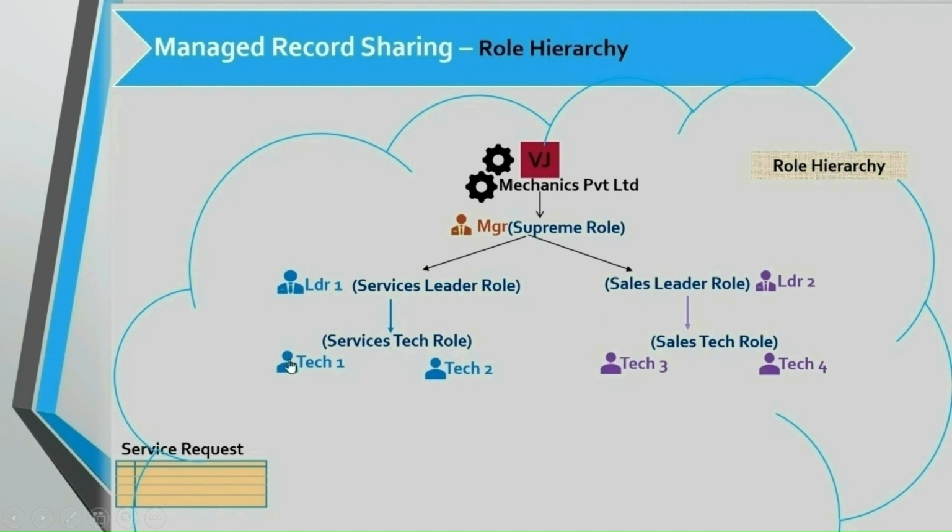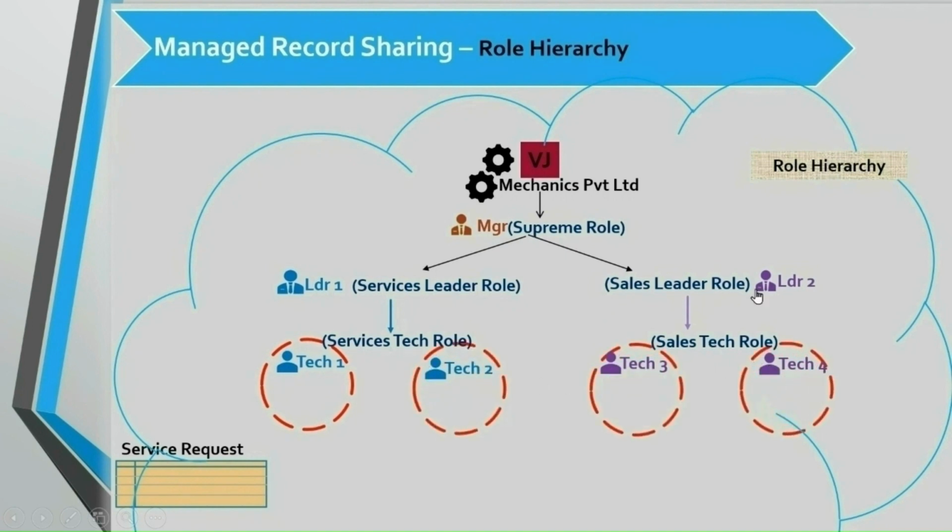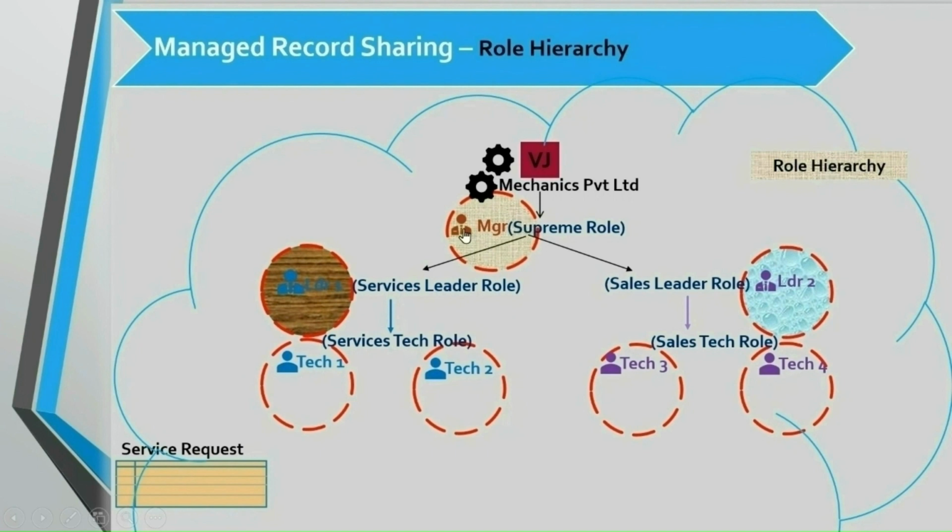Now let us assume each user has created one record in this org so that they would have access to that record. The complete access they would have on those records they have created. Now let's have a look into the access of Tech 1.